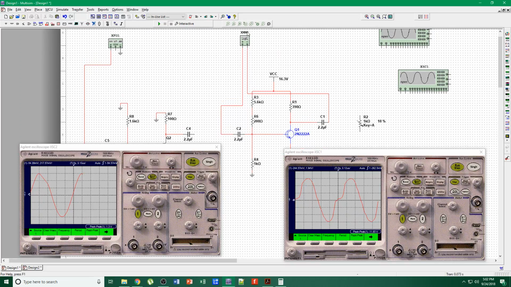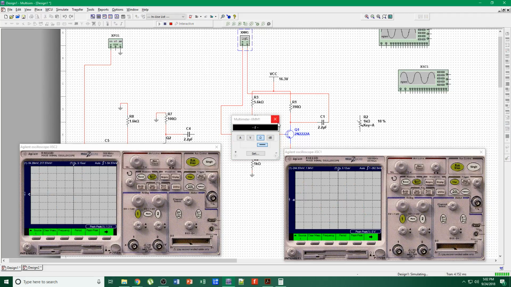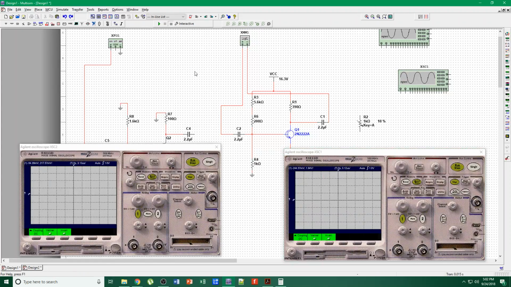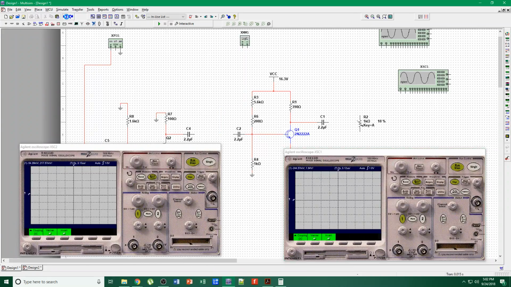Can I do it this way? Is this a possibility? R. Nice. Fantastic. It's exactly what I wanted to know. Doesn't really tell me anything, but okay.